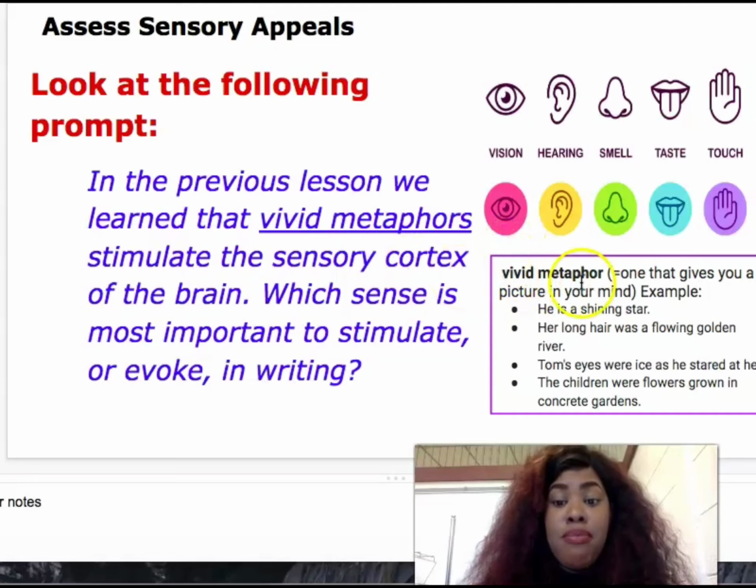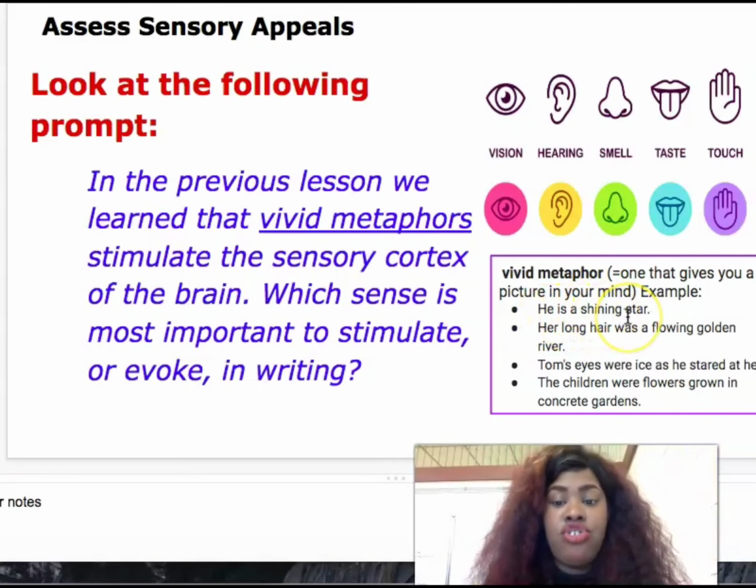One example of a vivid metaphor would be something like, he is a shining star. Her long hair was a flowing golden river. Tom's eyes were ice as he stared at her. The children were flowers grown in concrete gardens.